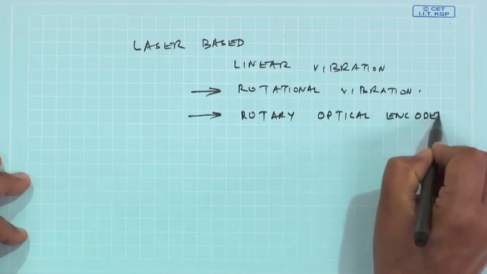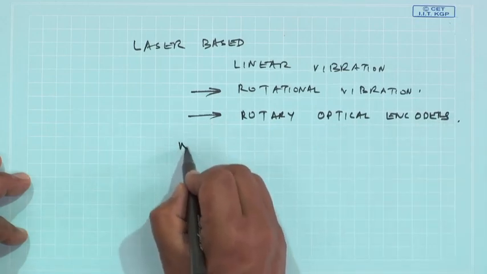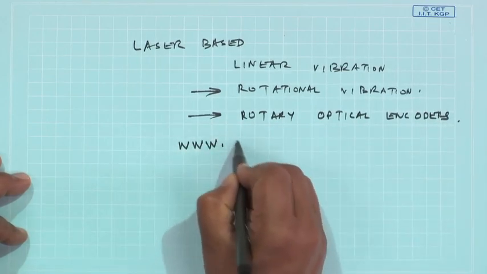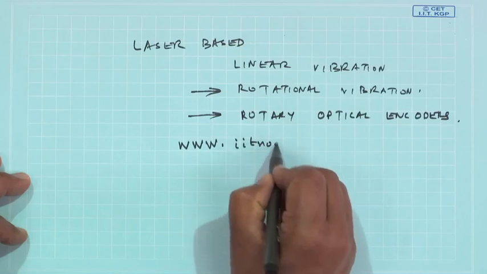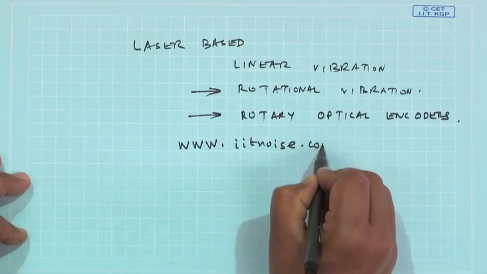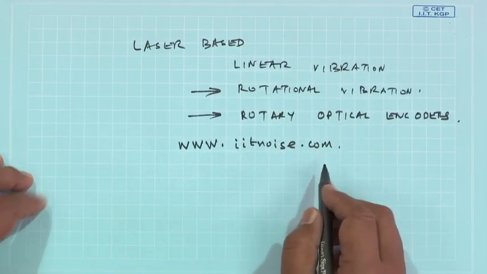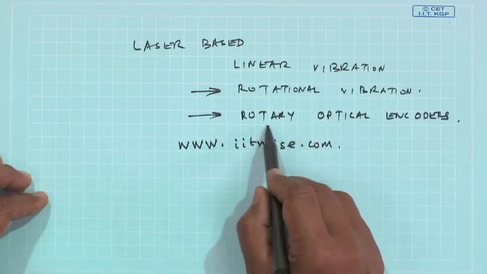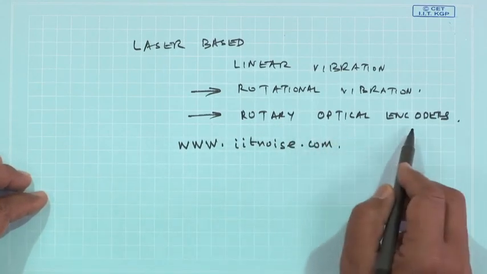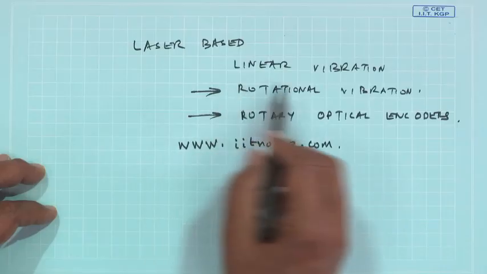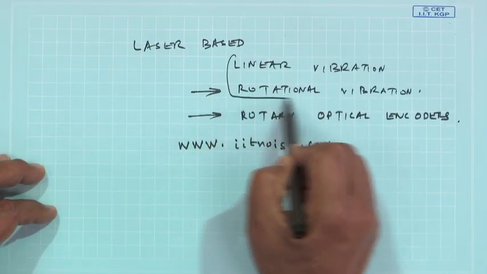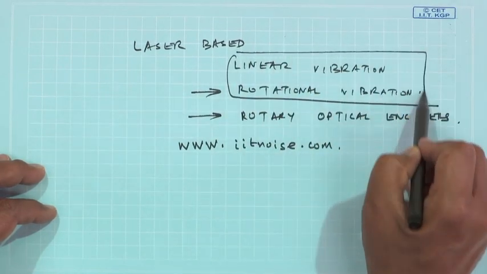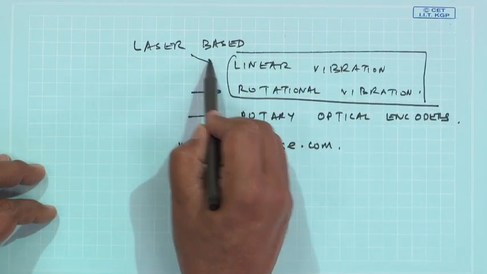By the way, to know more about some of these, you can visit my website www.iitnoise.com, and in my Google Scholar you will see some of the literature on how rotary optical encoders have been used to measure the rotational speeds of engines, to find out the firing frequency of engines and so on. But today here we will focus more on the linear vibration measurements and rotational vibration measurements by lasers.